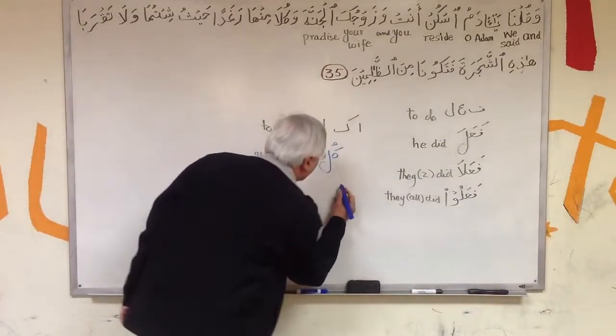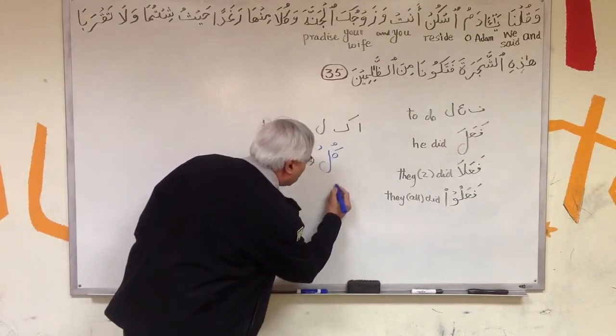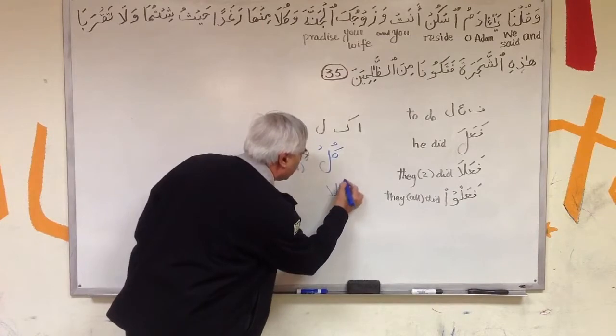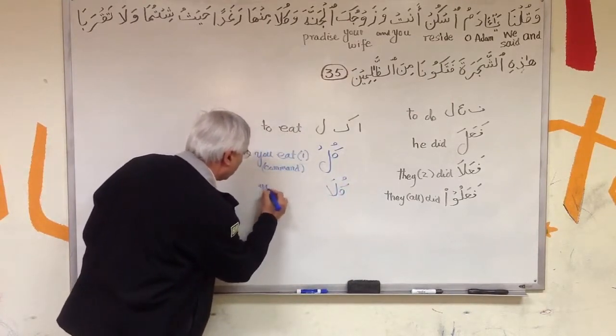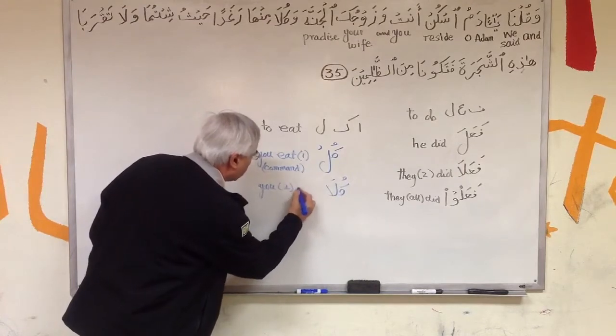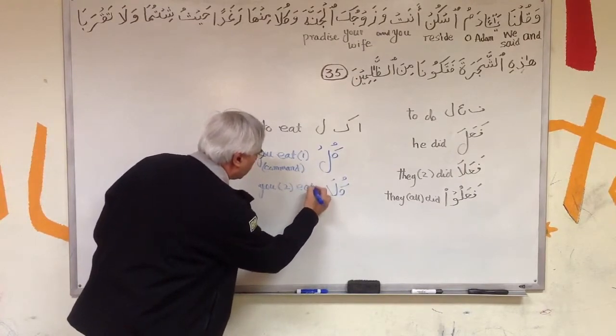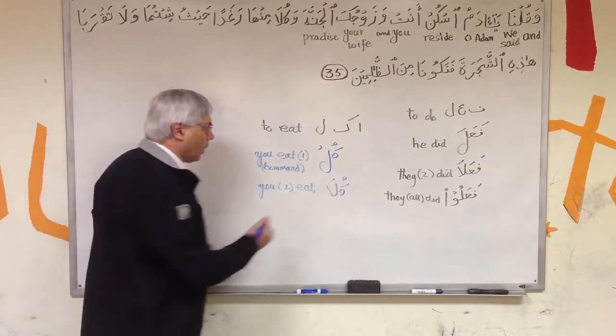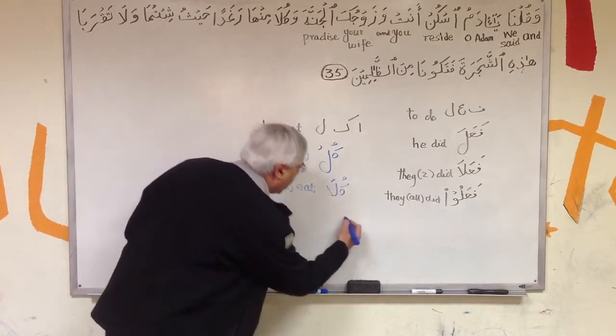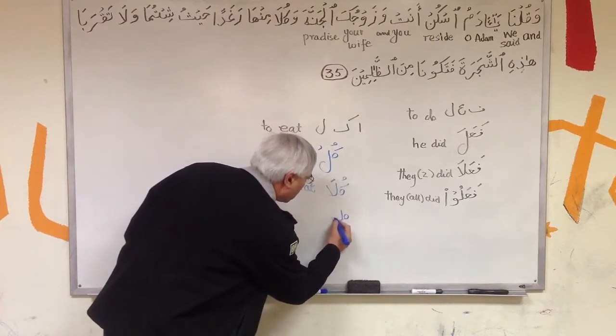If there are 2 people, then you will say kula. You 2 eat. Okay? Is it kula or kubla? No, kula. If there are more than 2 people, you will say kulu.